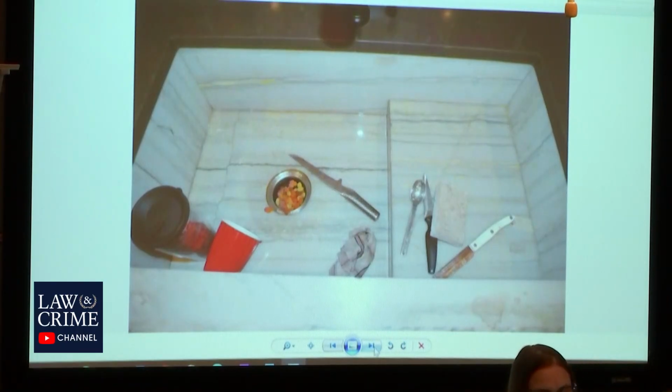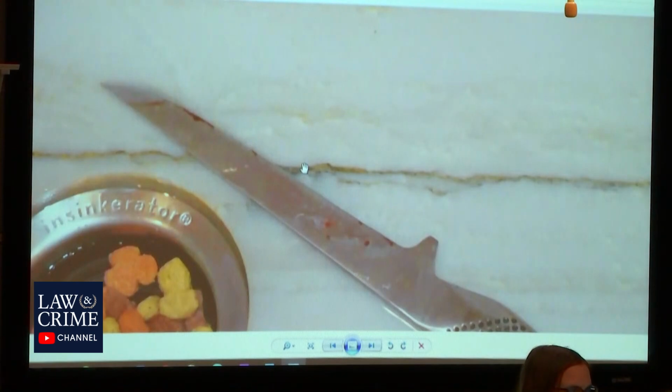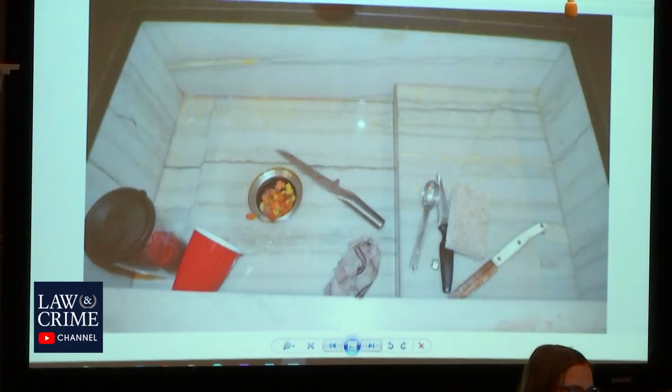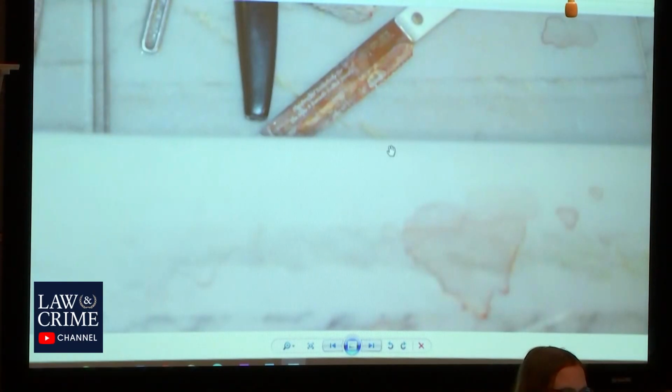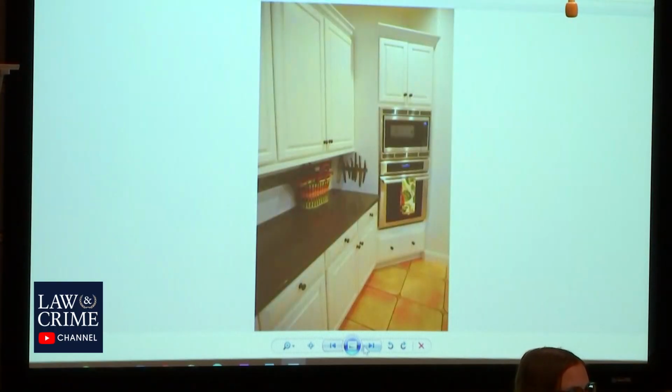So in this photograph, you can see that there were some knives in the sink. There is what appears to be red-brown stains on the knife there, as well as some on the counterpart of the sink. Okay.